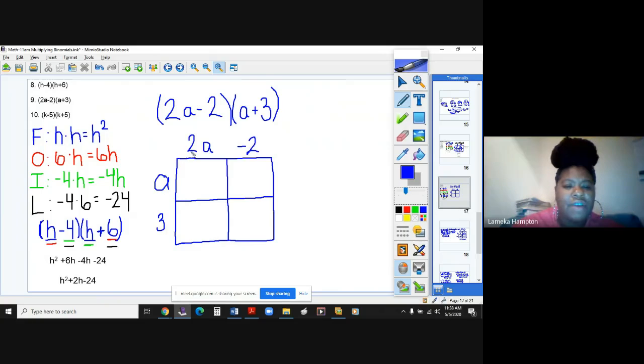So I have 2a times a, and that gives me 2a squared. So here, I am multiplying like terms. Okay, remember, when we multiply like terms, we multiply our numbers and we add the exponents together. And then I have unlike terms, which is a times negative 2, and that gives me negative 2a.